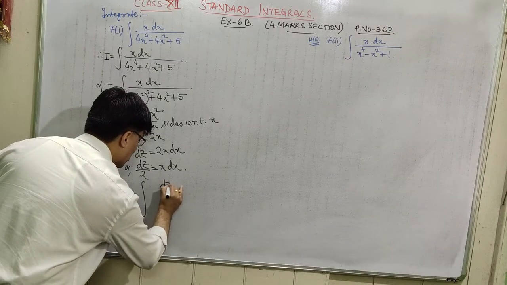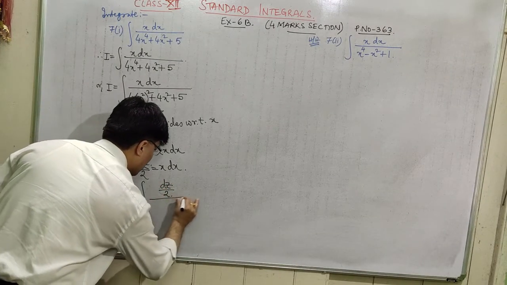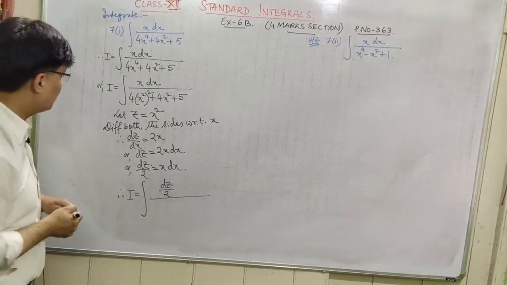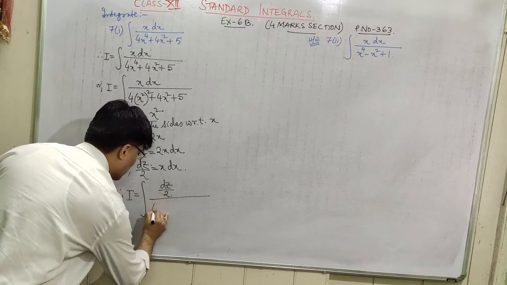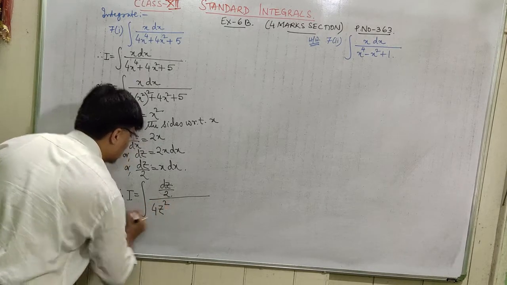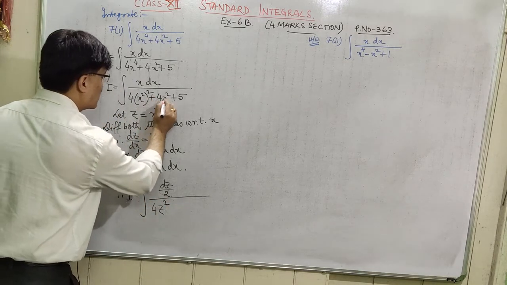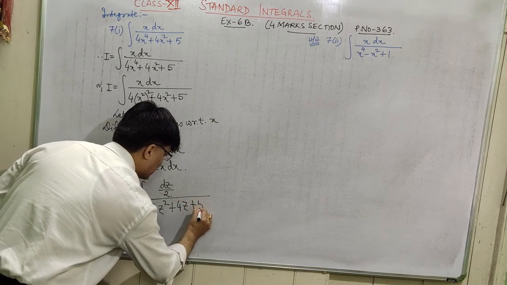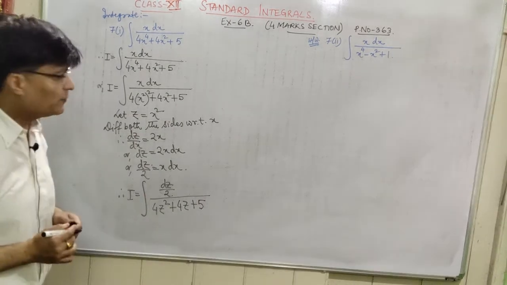It is dz upon 2, this whole divided by, in the denominator what do we write? 4 is same, 4, what is x square whole square? That is your z square, plus 4z, then you have to write plus 5.